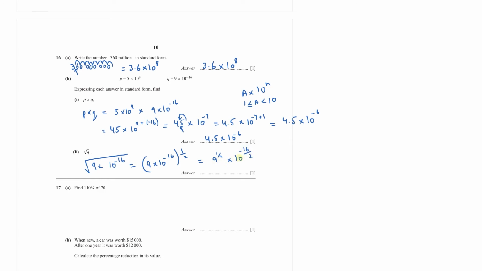So under root of 9 would be plus or minus 3. So you can write plus minus 3 into 10 power minus 16 by 2. Let me correct this: 10 power minus 16 over 2 is minus 8. So plus minus 3 into 10 power minus 8 will be your answer.